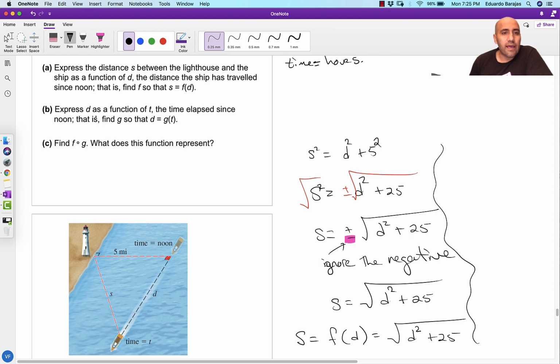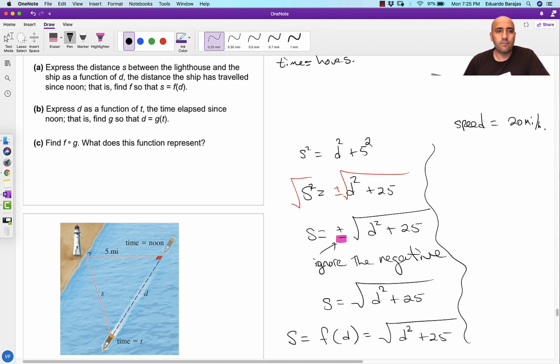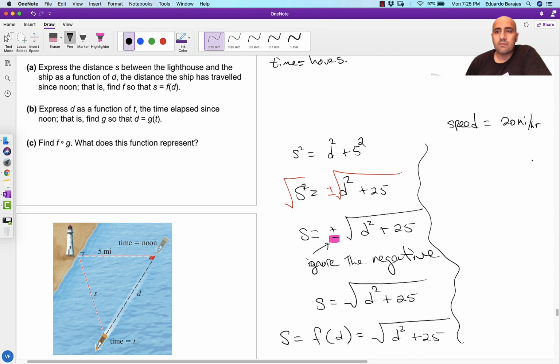Express d as a function of t, the time elapsed since noon. Well, that one's extra easy. We are told that the ship is traveling at 20 miles per hour.